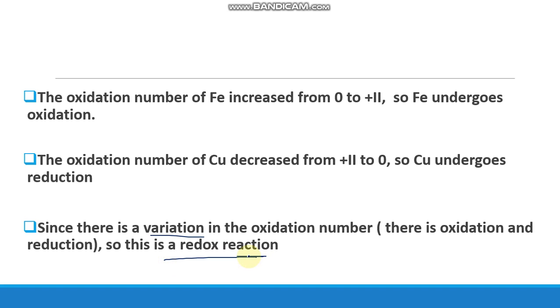Okay, it's very easy. So you should write the oxidation number. Because Fe increased from 0 to +2, so it's oxidation. While Cu decreased from +2 to 0, so it's reduction, and we have oxidation and reduction due to the variation of oxidation number, so it is a redox reaction. Okay?